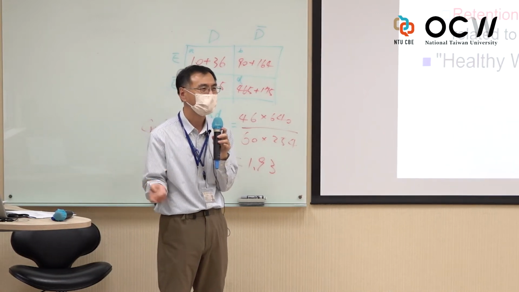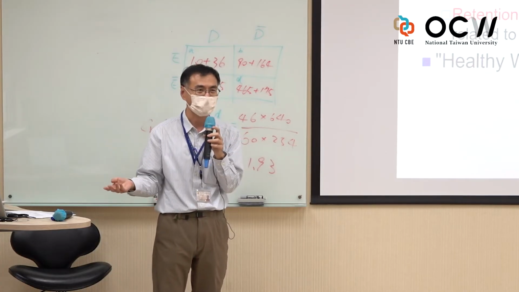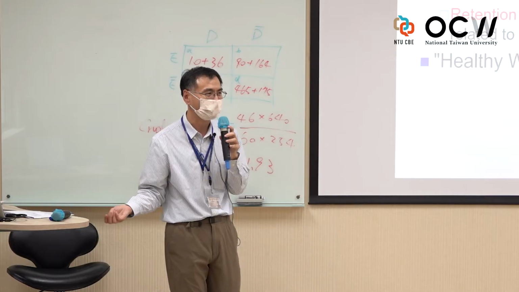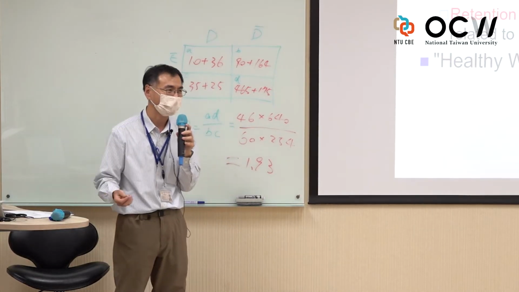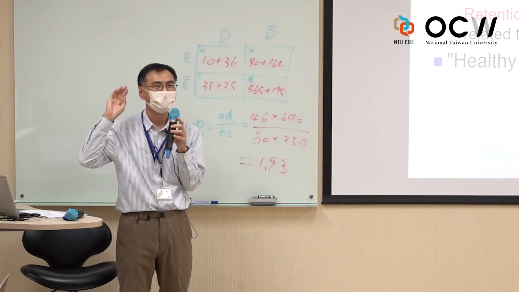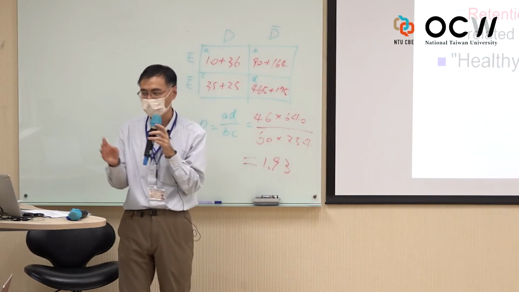So they are supposed to have higher risk of illness because of exposure. Maybe it's from an animal model or other observational studies, or even from a randomized controlled trial. We believe something could be risky and lead people to get disease. So something terrible.